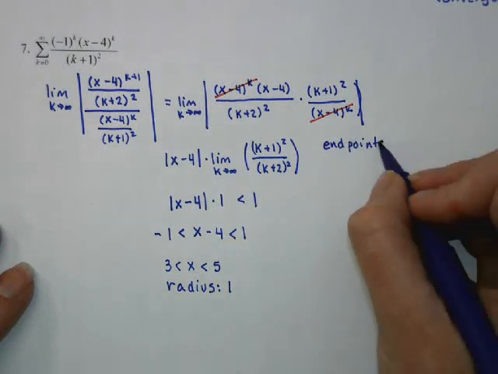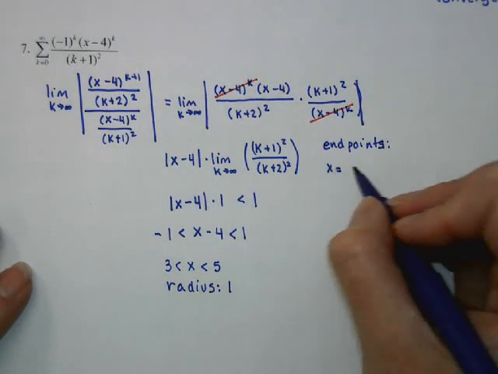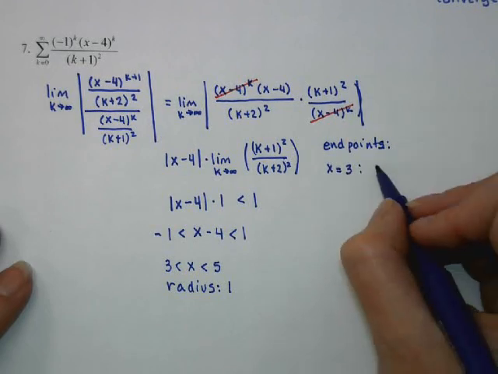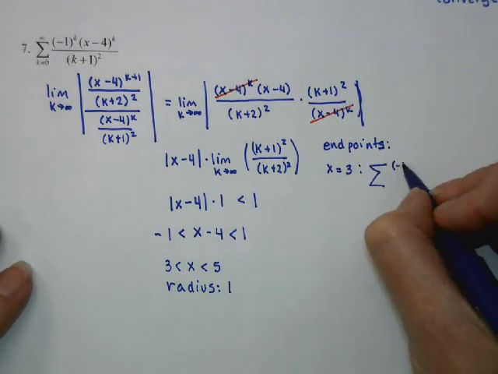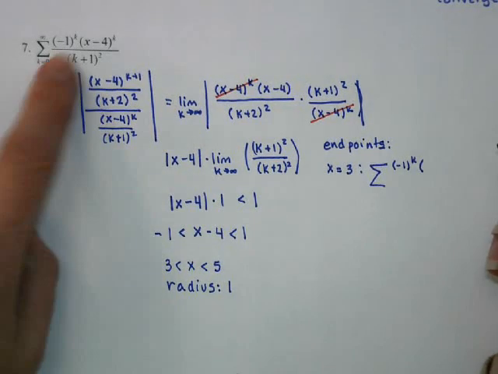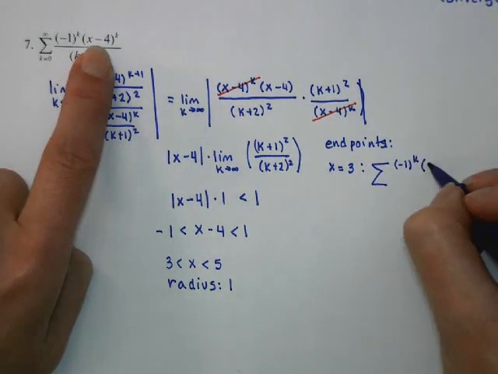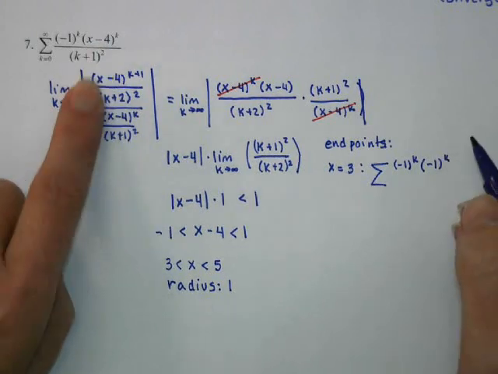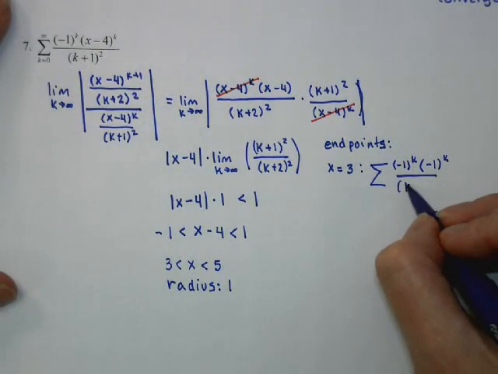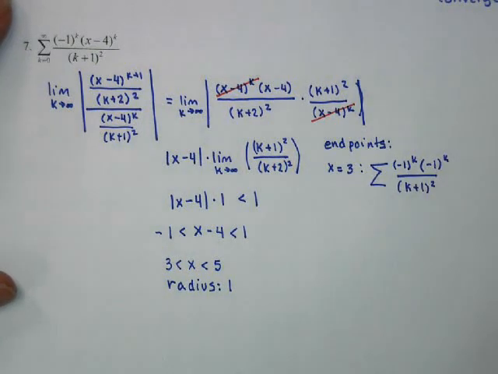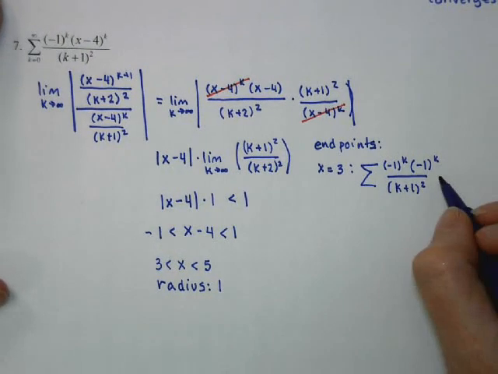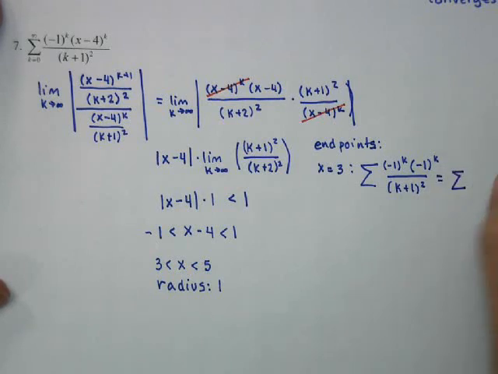Find some space here. So we're going to test x equals 3. So we have the (−1)^k. If I plug in 3, we have 3 minus 4, which means I have (−1)^k over (k+1)^2. Well, (−1)^k times (−1)^k is going to be (−1)^(2k), which is going to just be 1, always, because it's always positive.